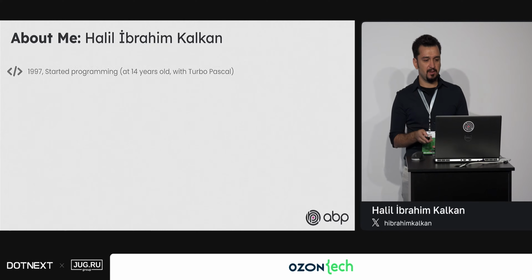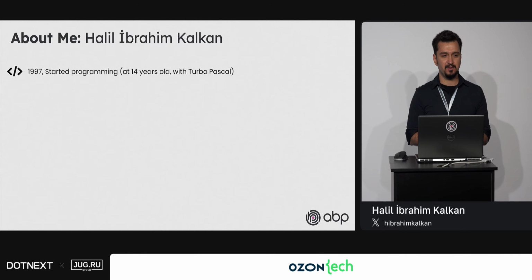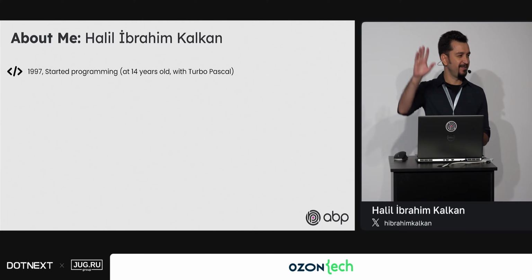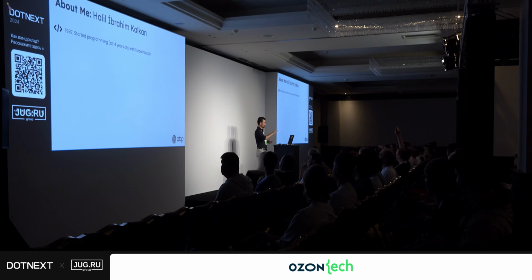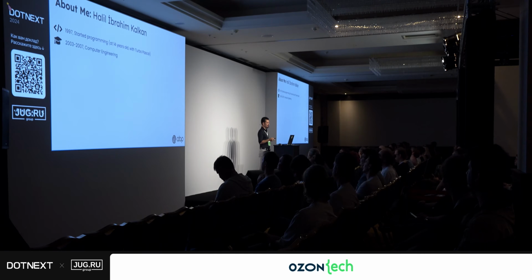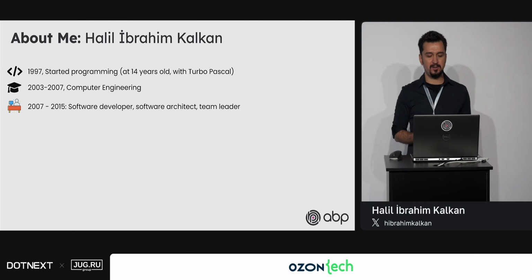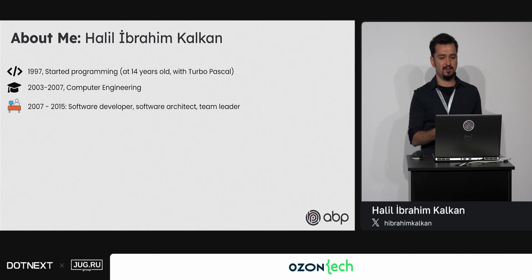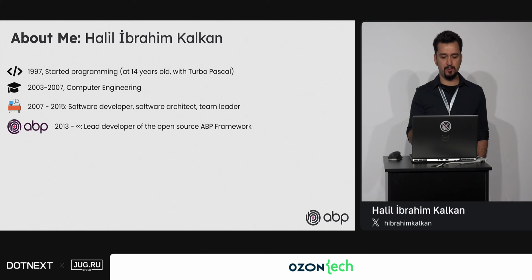I am Halil İbrahim Kalkan. I started programming in 1997. Who was born after this year? Okay, we can include you. I'm a very old programmer. I graduated from computer engineering. Then I worked for about 7 years in 2 companies as a software developer, software architect, team leader, and in various positions.